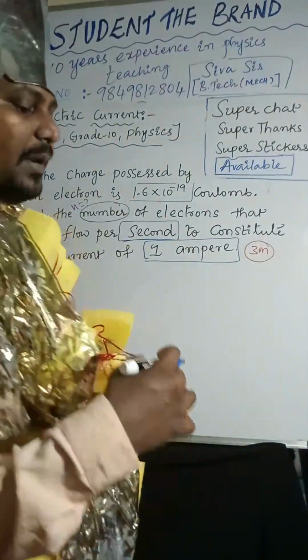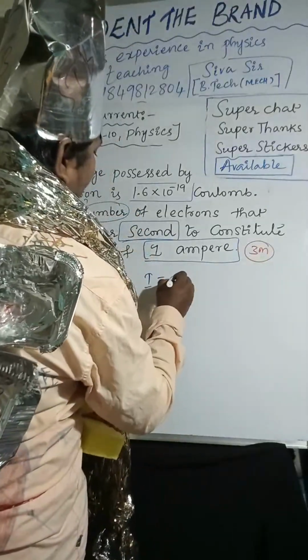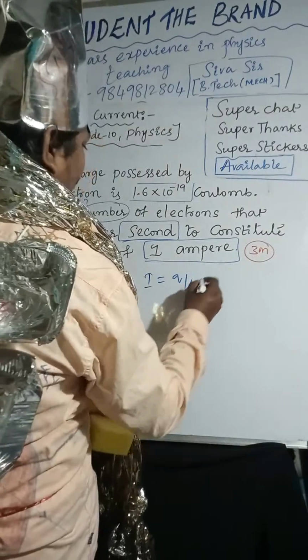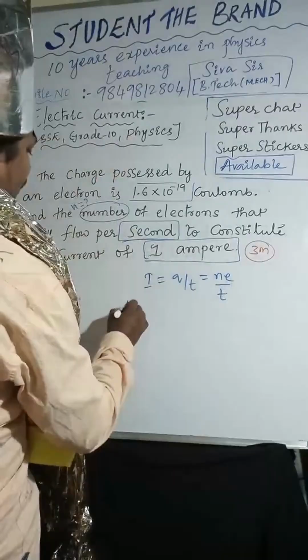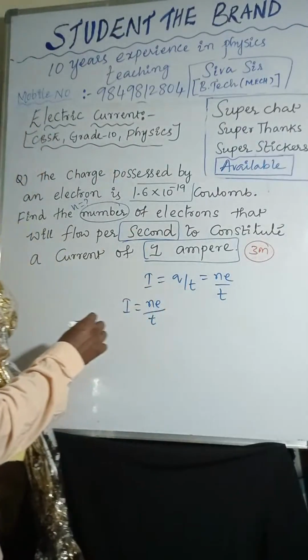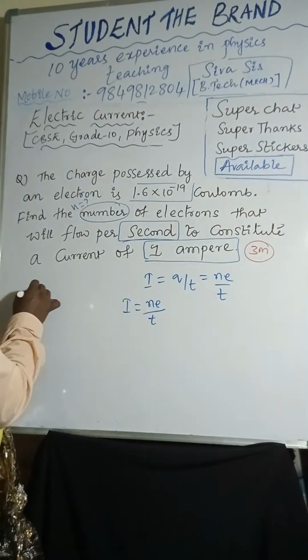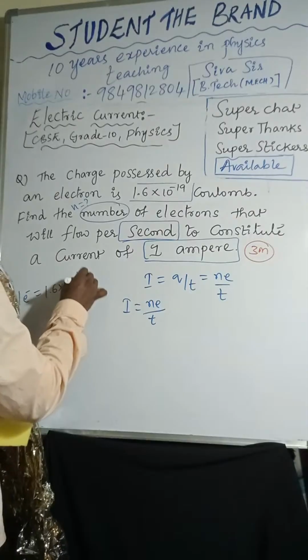So we know the formula I equal to Q by t. Now Q is n e, so I equal to n e by t. Now I am considering one electron's charge, 1.6 into 10 power minus 19 coulomb.